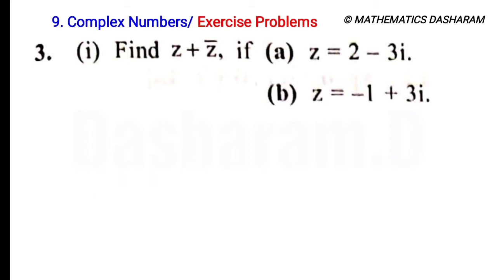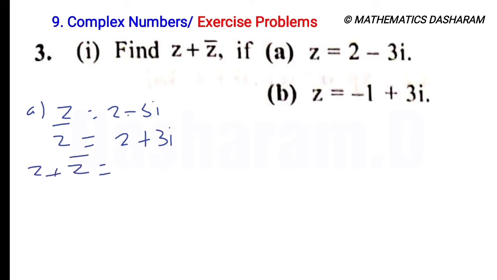So for the first question, z equals 2 minus 3i, then z bar equals 2 plus 3i. Now let's find z plus z bar: 2 minus 3i plus 2 plus 3i. Minus 3i plus 3i cancel, so 4.